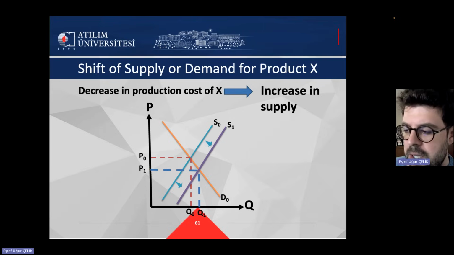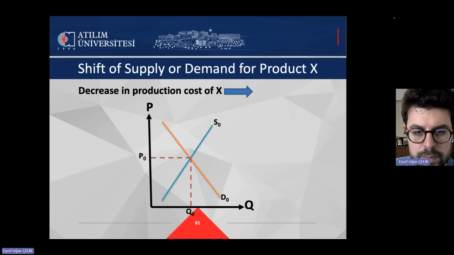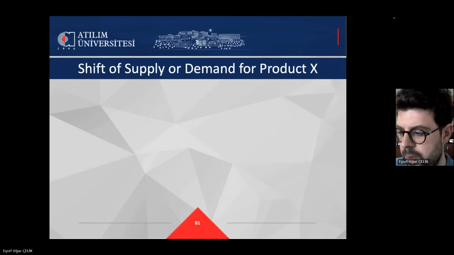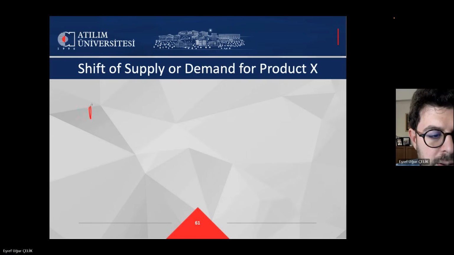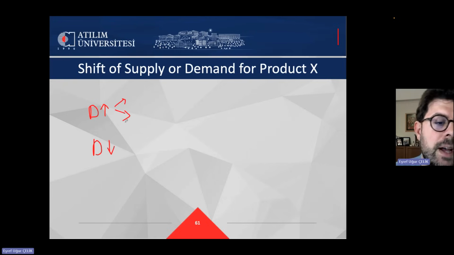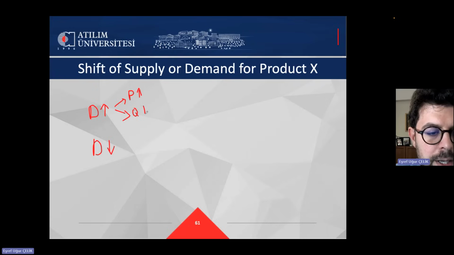So let's make a revision about these. What can happen in the demand and supply part? We talk about four options: when demand is higher or demand is lower. When the demand curve is shifting to the right, equilibrium price and equilibrium quantity become higher.